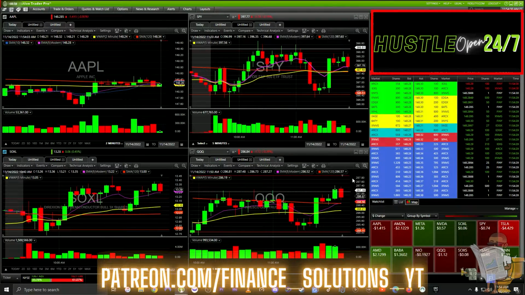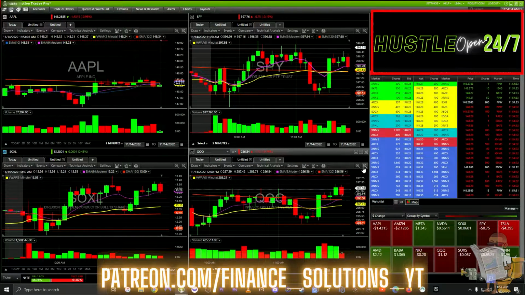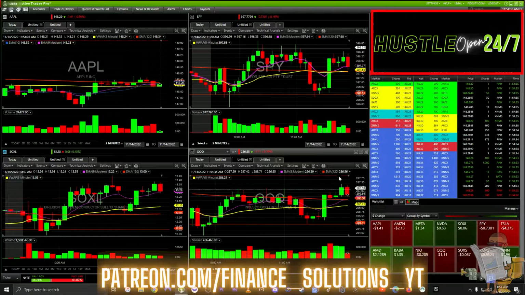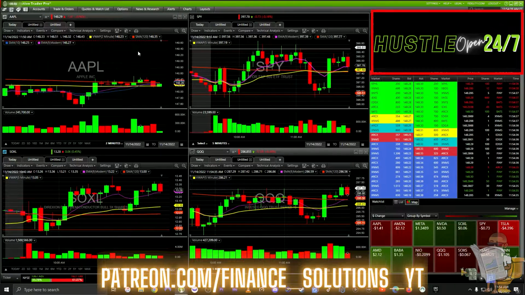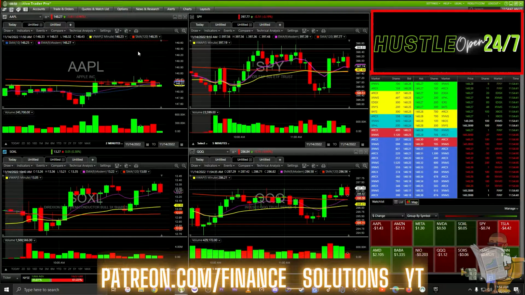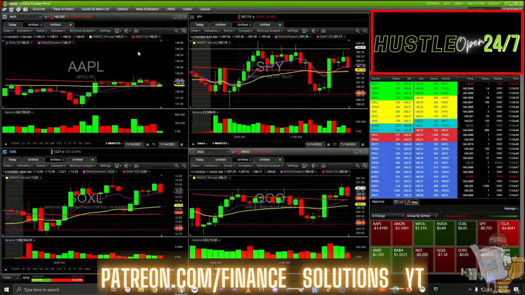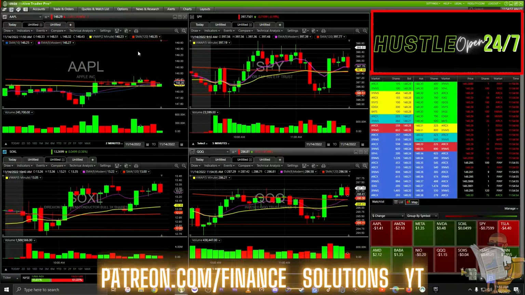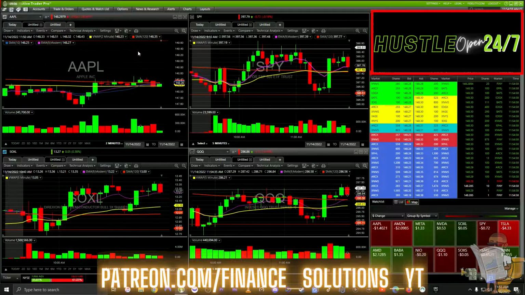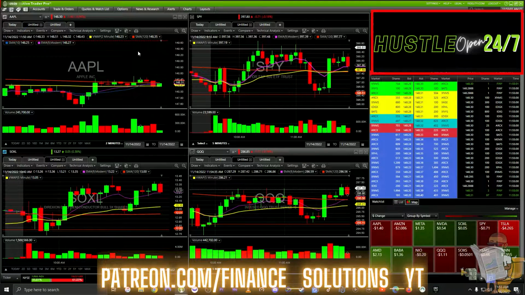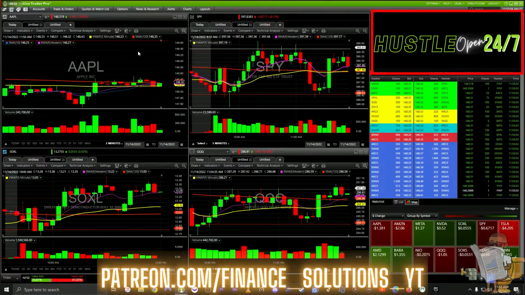It's always nice to have a little hedge there, but you don't want to just be hedging just to be hedging. You want to hedge, but also make sure that both positions, both sides of the hedge, could actually work.